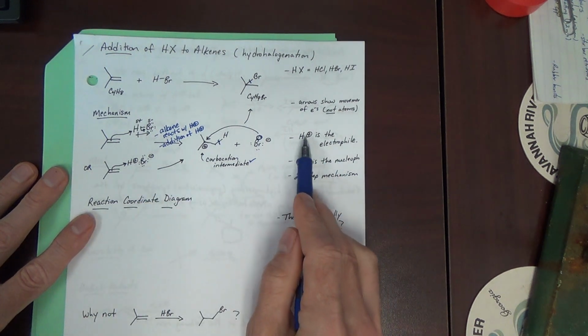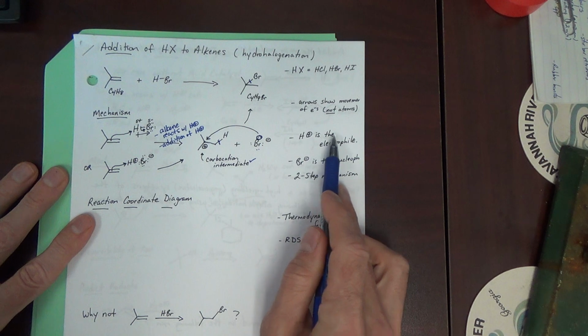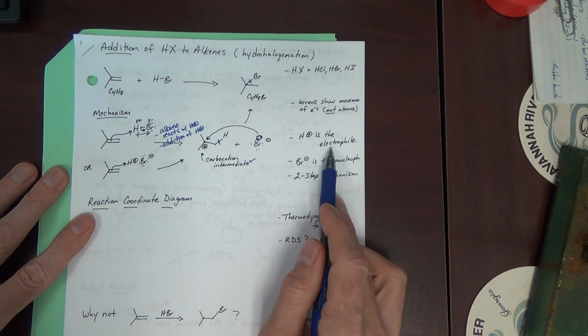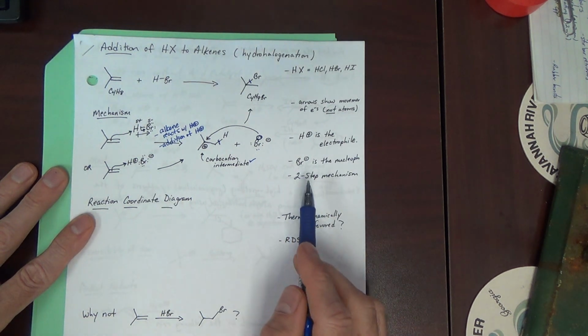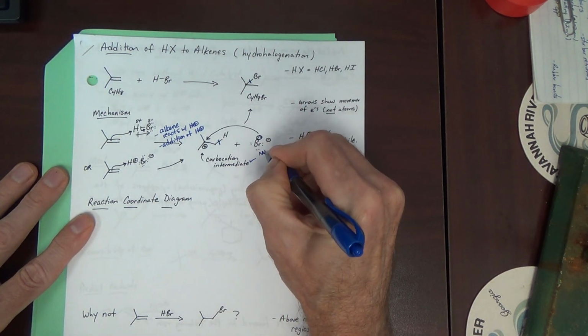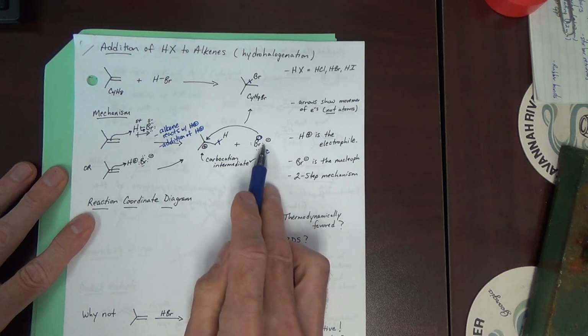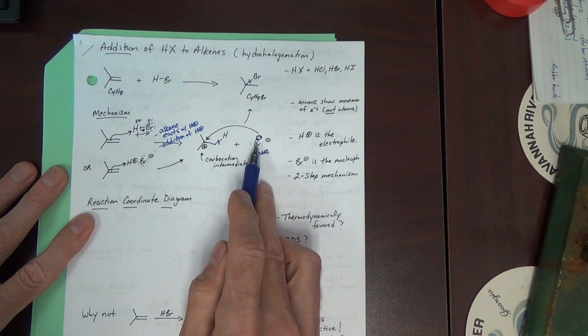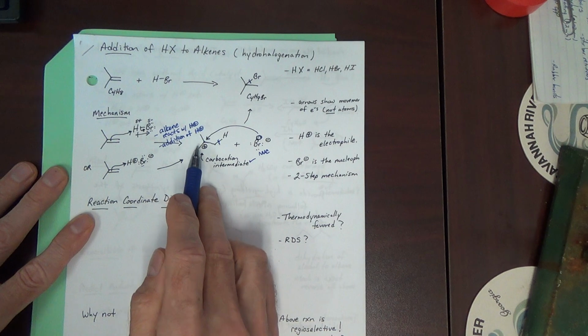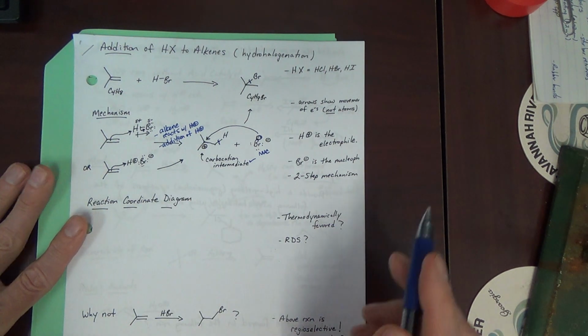In this mechanism, the H plus is the electrophile. It's the thing that's electron deficient. The Br minus is the nucleophile. Nucleophiles are electron rich. We see that it's an anion. Nucleophiles attack electrophiles. The carbocation is also an electrophile.